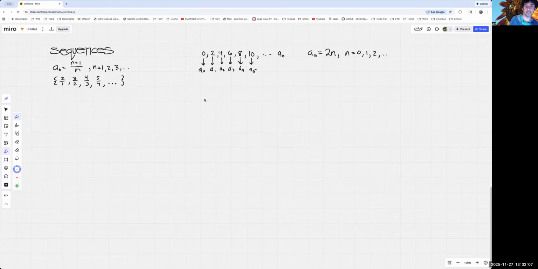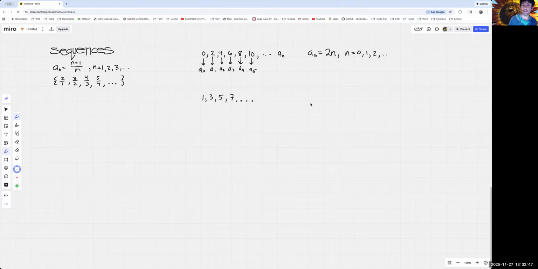Let's do the next obvious one, which would be the sequence of odd integers, right? This one's not quite as obvious what to do, especially if we hadn't just done the even integers, but we do know that our odd integers are always just one different than an even integer, right? 1 is just 1 above 0, 3 is 1 above 2, 5 is 1 above 4.